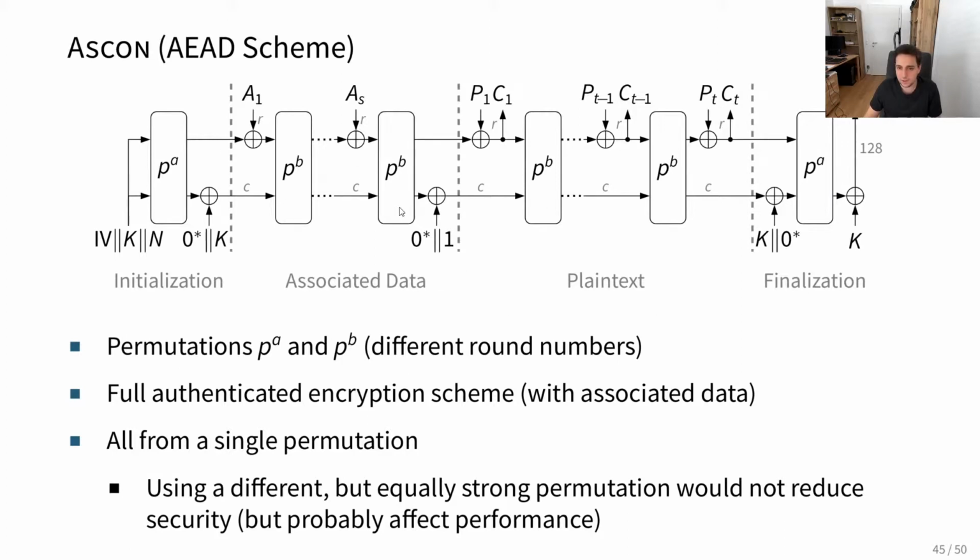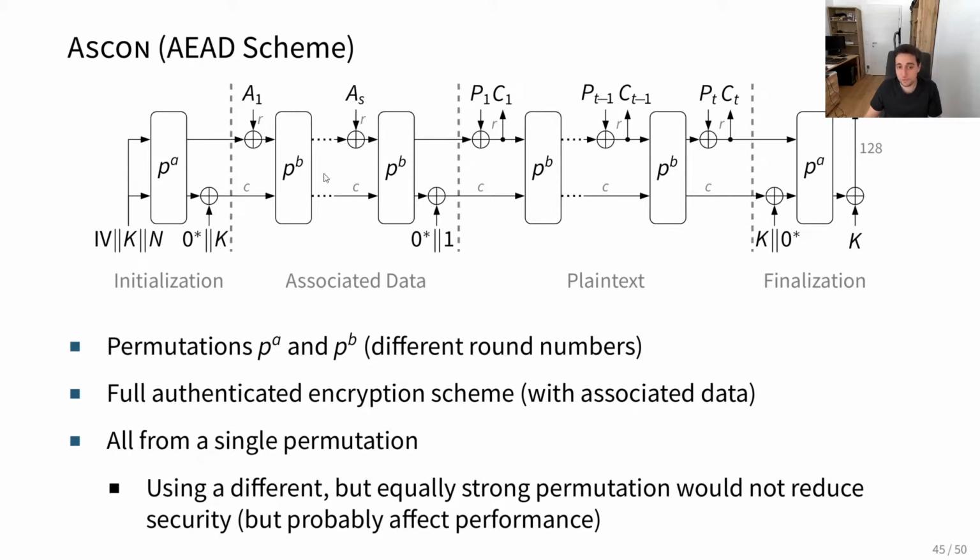But what is the important thing here is that essentially we have a sponge function which, given this permutation here, can be used to build a whole AEAD scheme. So not only a hash function, not only plain encryption, not only a MAC function, but essentially all of that together. And all of that from this single permutation.